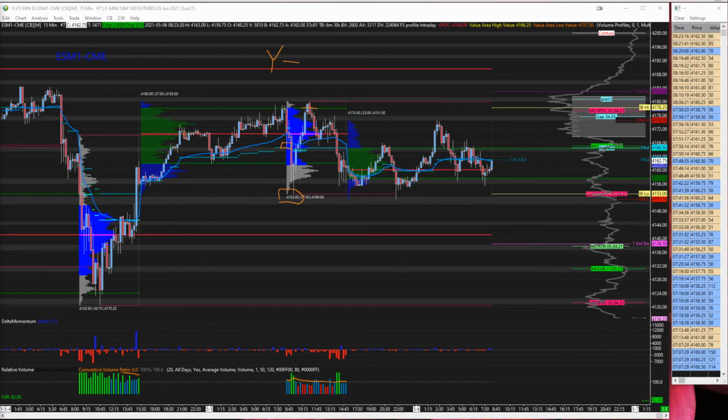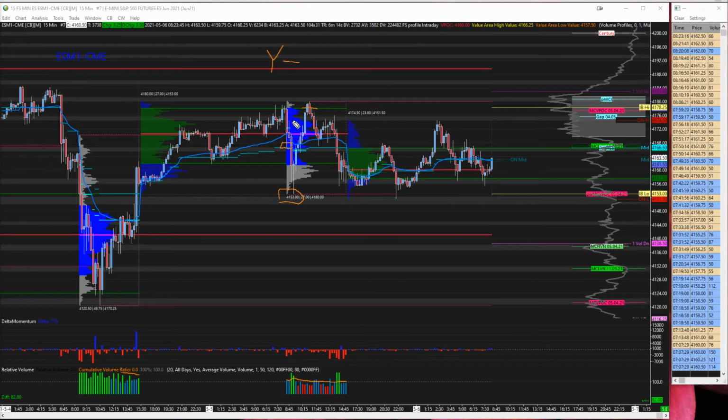Slightly below the previous day high. Previous day high, it was there. We dipped down lower to the mid. Then we crossed to the full session mid, then we crossed the day, the developing mid.